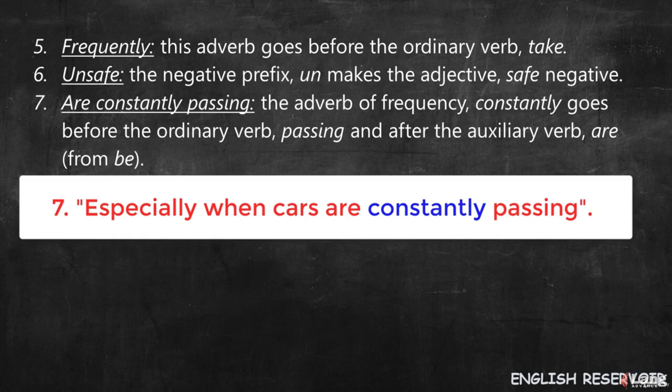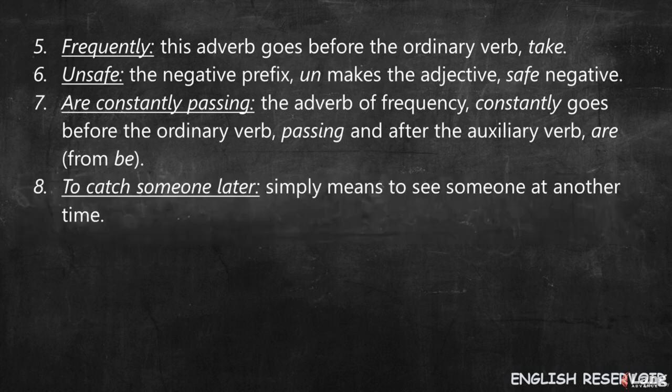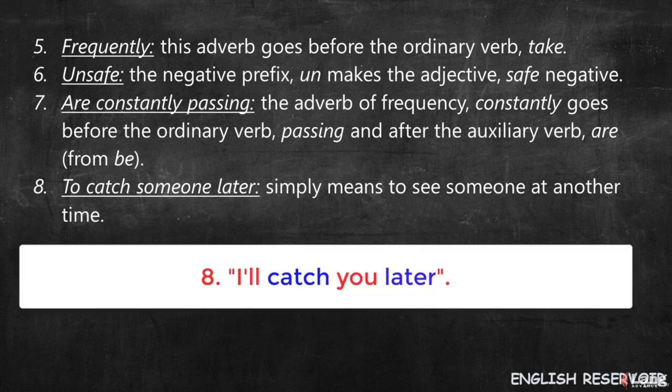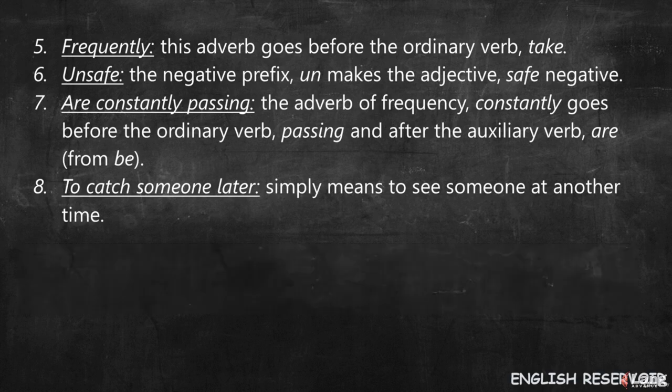Are constantly passing. The adverb of frequency, constantly, goes before the ordinary verb passing and after the auxiliary verb are from be. 8. To catch someone later simply means to see someone at another time.